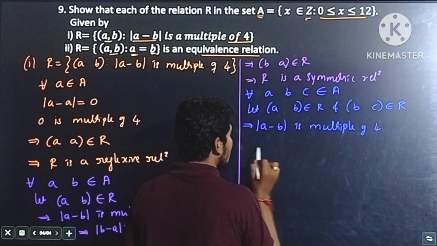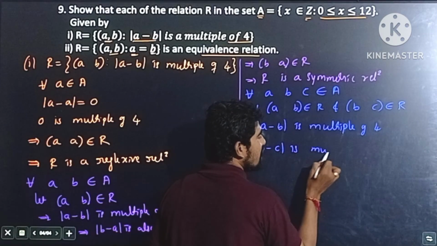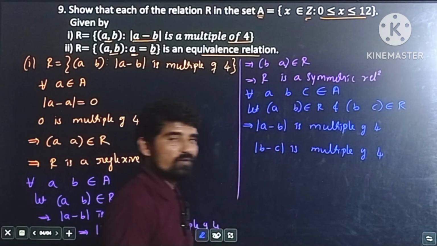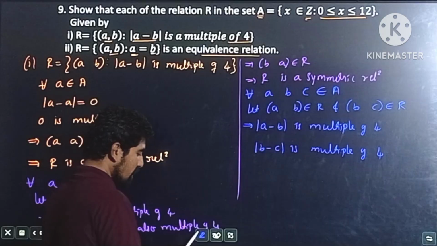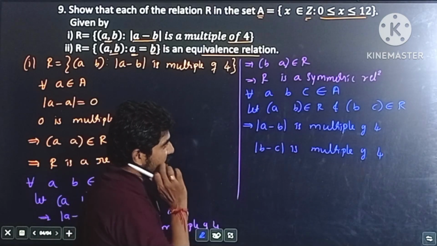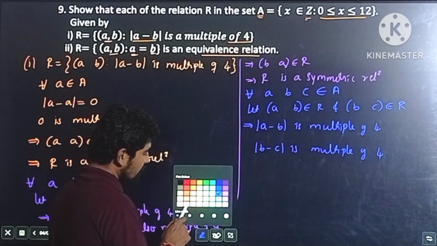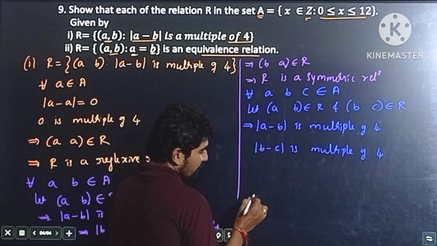And BC belongs to R means modulus of B minus C is also a multiple of 4. I hope all of you are understanding. Now for the AC pair, we need to check whether modulus of A minus C is a multiple of 4 or not.